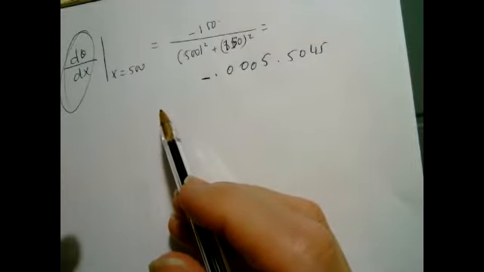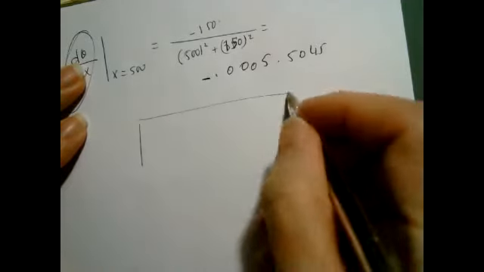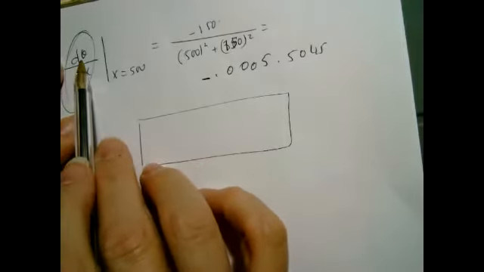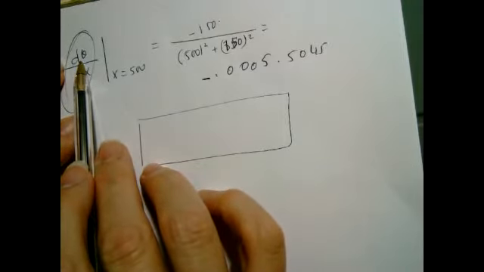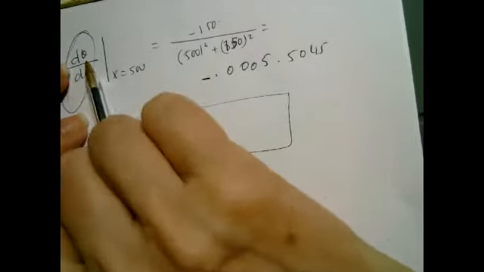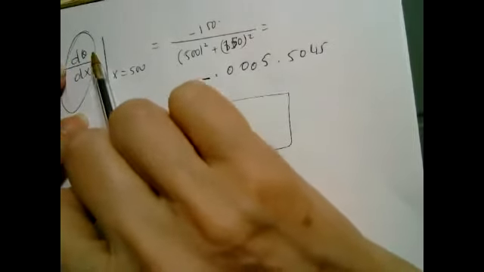The easy way to find the unit of the derivative is this. You ask yourself, what is dθ/dx? Forget the limit. What's the unit of theta? Back to you. I'm going to be asking you a lot about units, so you better get it with me because it really helps us understand. What's the unit of theta?